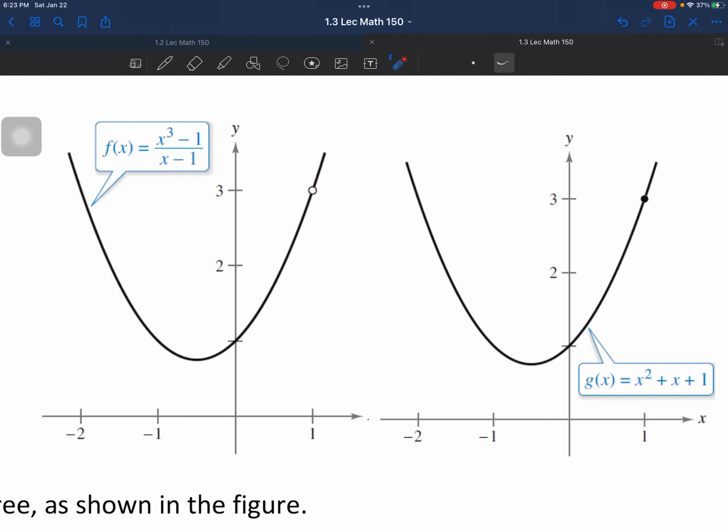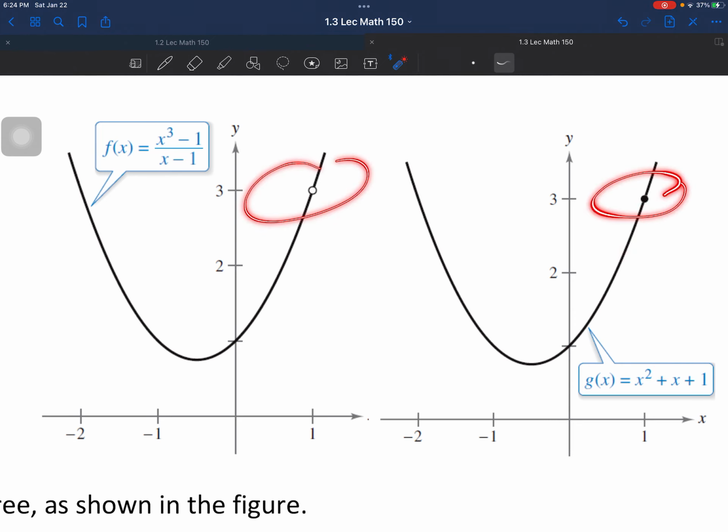But once you simplify, that gave you a different function. They're not the same function, but they're very similar. How similar? They're the same everywhere except at that point. At that point, they're different.